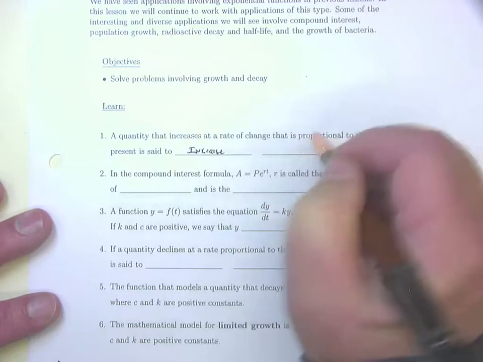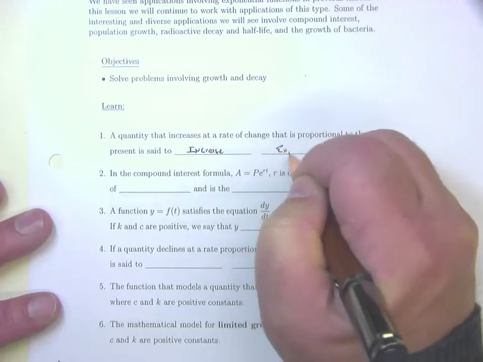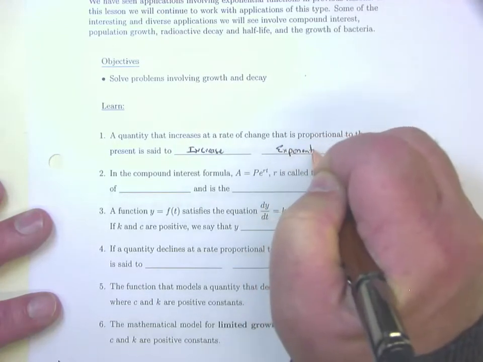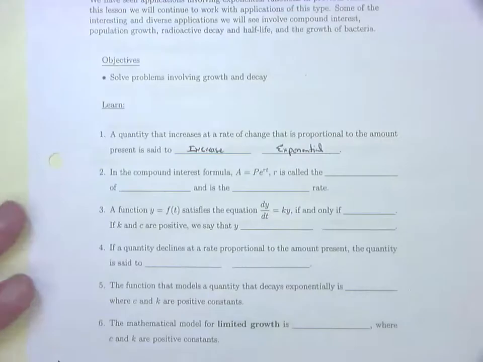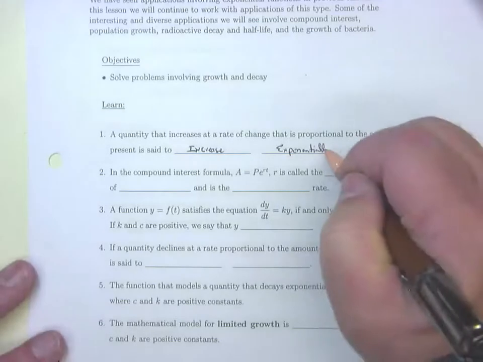Increase, okay, it's going to be going up, but the key word here is that word exponential. And this is where that e shows up. And I talked to you guys about anything that grows at a rate proportional to itself, that's that e to the x look to it. And that's why that e, 2.71828 number, shows up in nature naturally. So they're setting you guys up. So, exponentially.